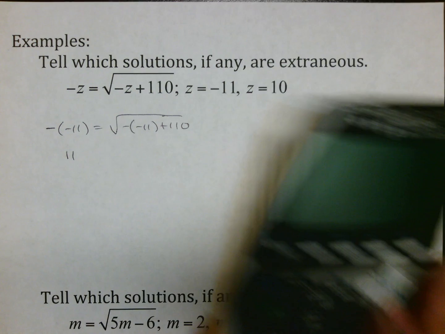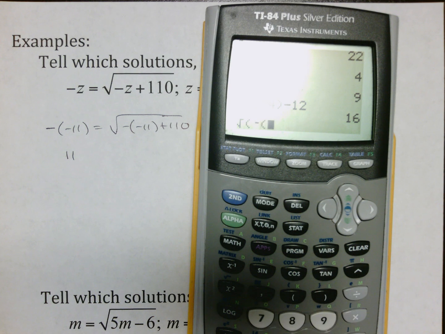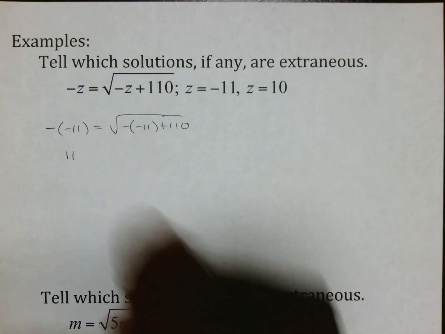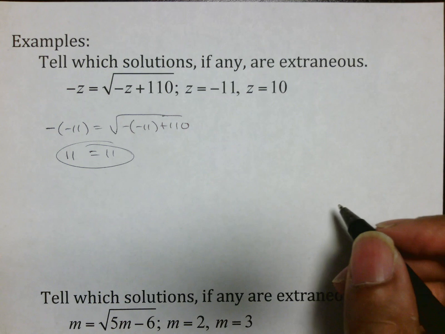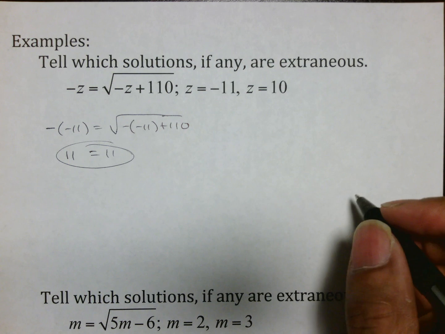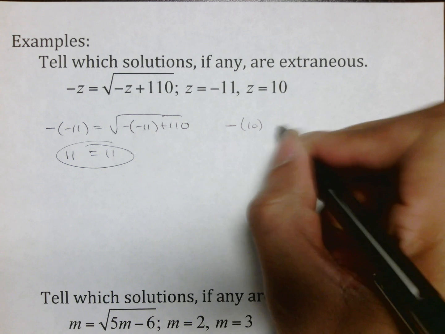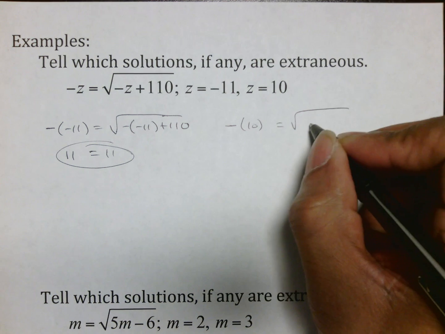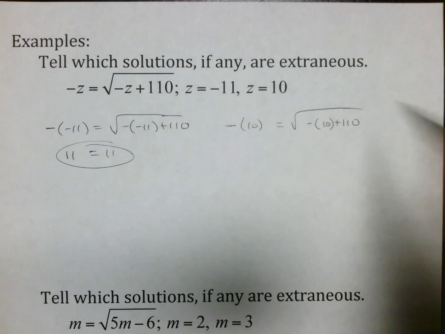That would be 11. Then we take this thing here and go square root of negative (negative 11) plus 110, and we see that we get the answer of 11. Notice how that matches. That means that negative 11 is a good solution. But when we go to check 10, we get negative (10) equals square root of negative (10) plus 110.